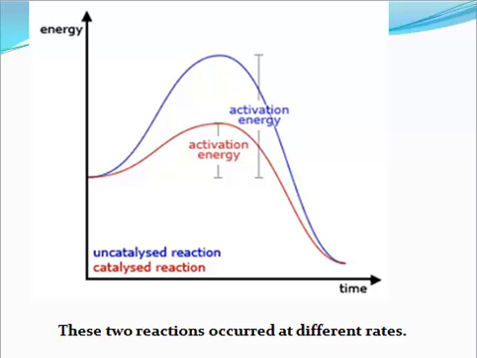The blue line represents an uncatalyzed reaction. You can see that it took longer to reach that activation energy for the uncatalyzed reaction. When you add the catalyst, represented in that red-purple color, the activation energy happens quicker. All right?